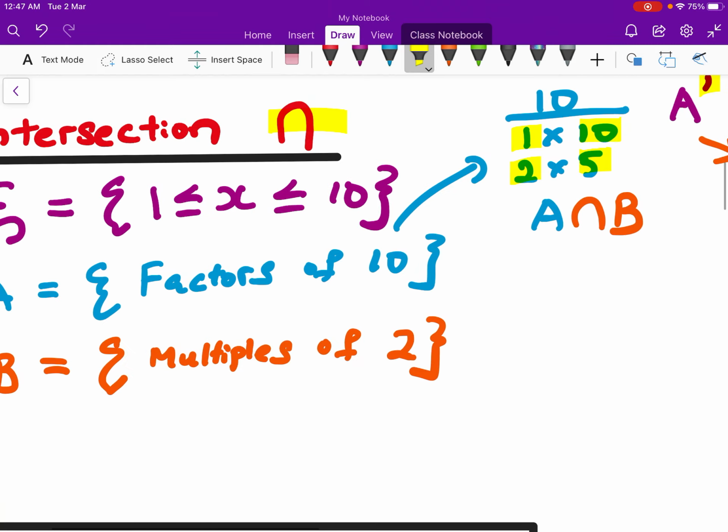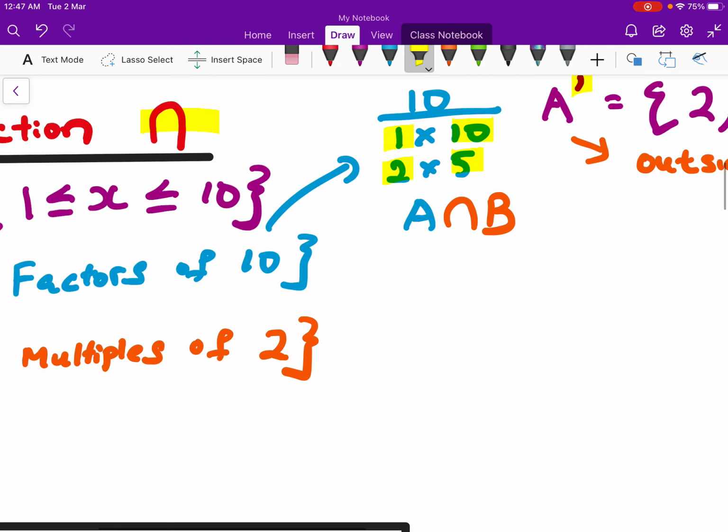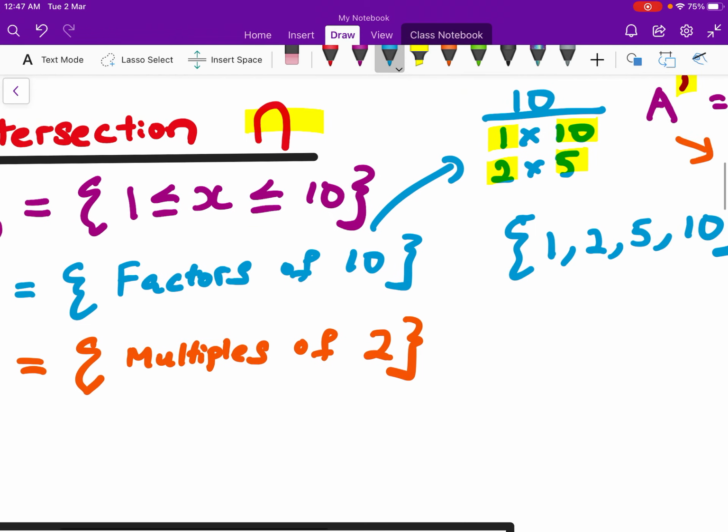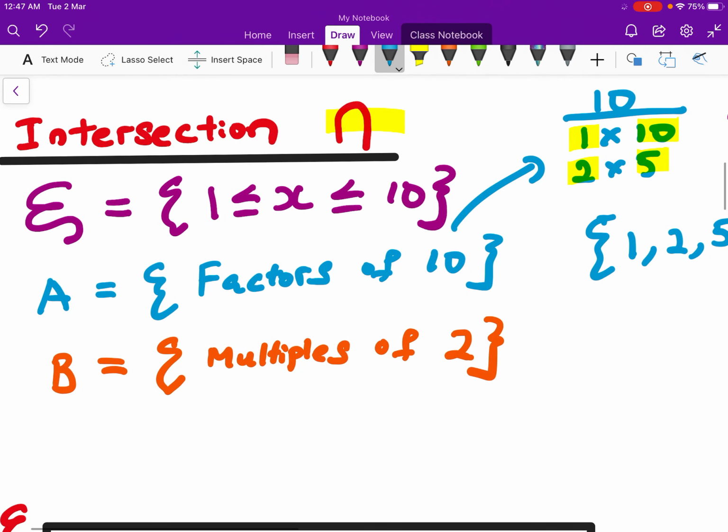So I just represent them in a curly bracket. A is 1, 2, 5, 10. These are all the elements of A. So what about B?